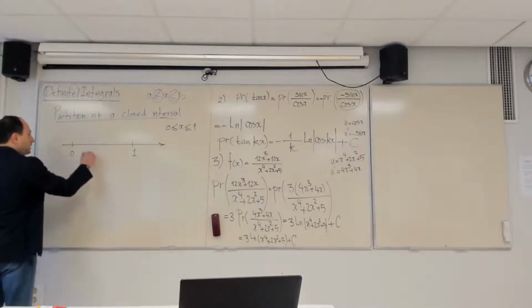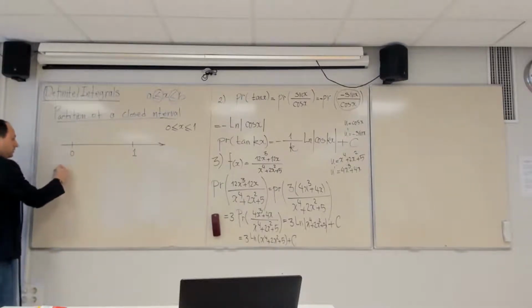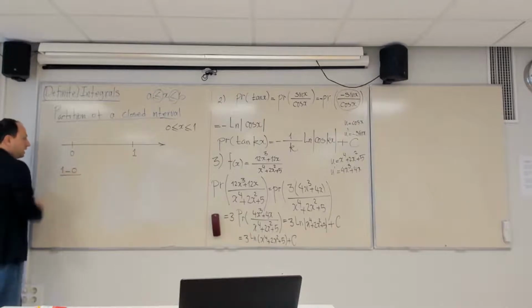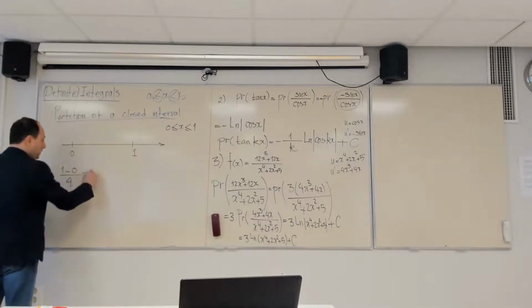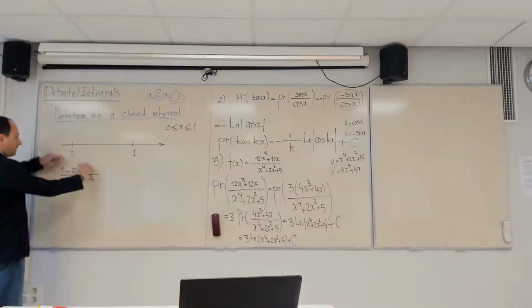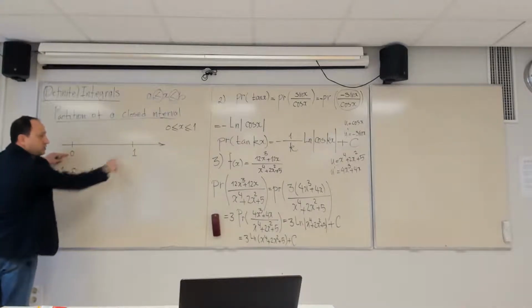What is the length of this interval? The length of this interval is 1 minus 0. I want to divide it into 4 equal pieces, so I divide it by 4. It becomes 1 over 4. So I will start adding 1 over 4 at a time so that I reach this point.